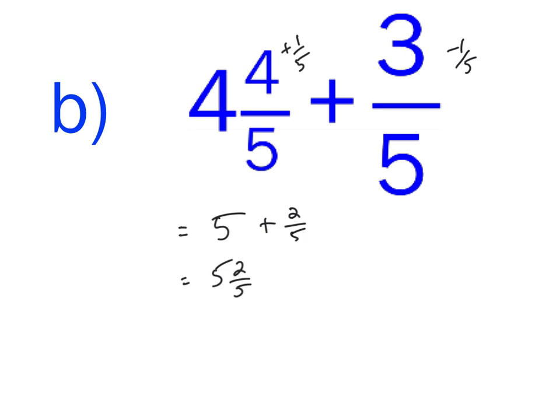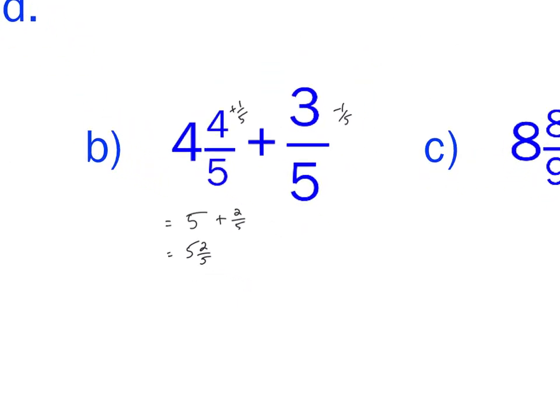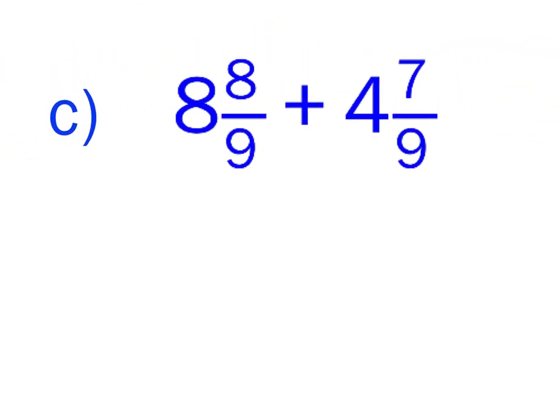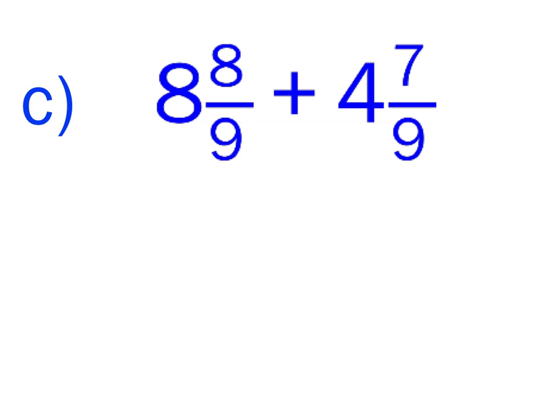Now, can we simplify this? No. There's no number that goes into 2 and into 5. Next question. We have 8 and 8/9 plus 4 and 7/9. What an interesting question.